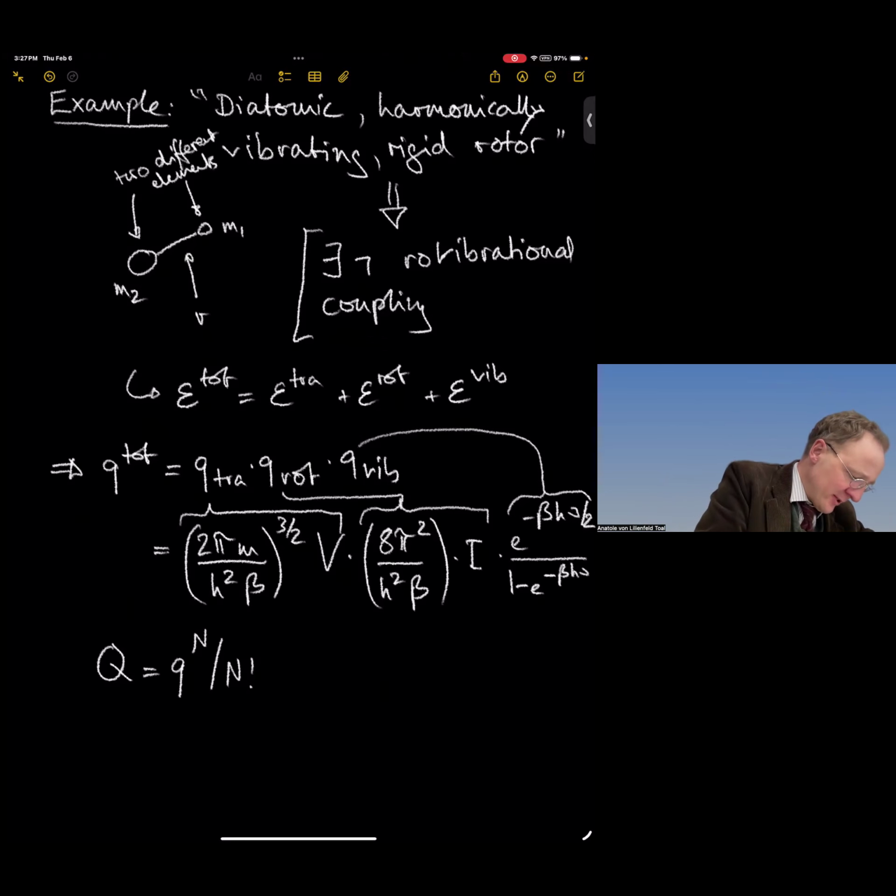So the most important, of course, always the energy for some gas of diatomics. Okay, so there's a huge step forward from some gas of monoatomic rare gas atoms, right?